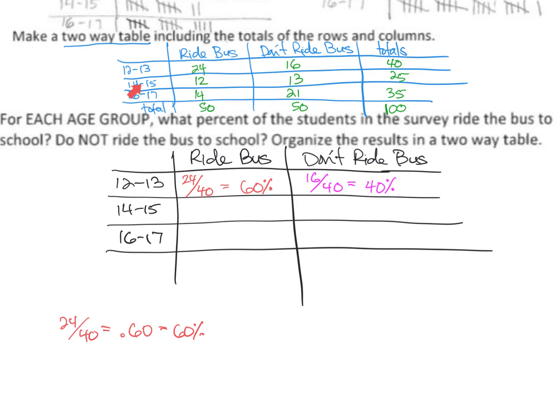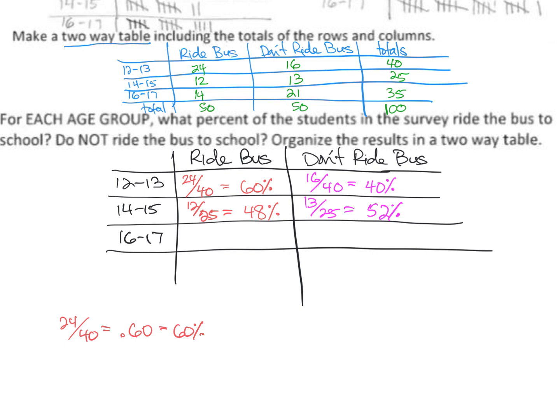And then we're going to do the 14, 15-year-olds. 12 divided by 25. 12 divided by 25 is 0.48, so that's 48%. And then we're going to do 13 divided by 25. That's 0.52, so that's 52%.